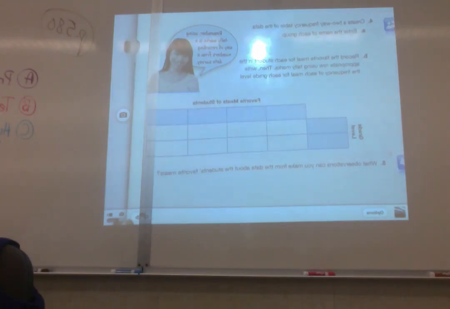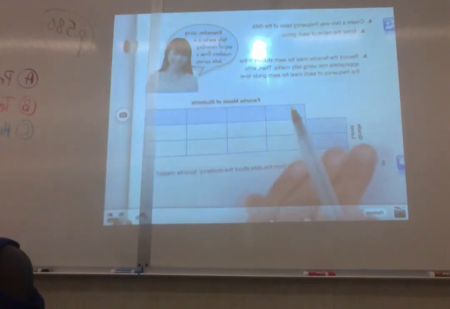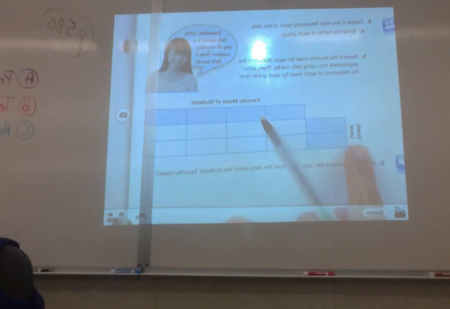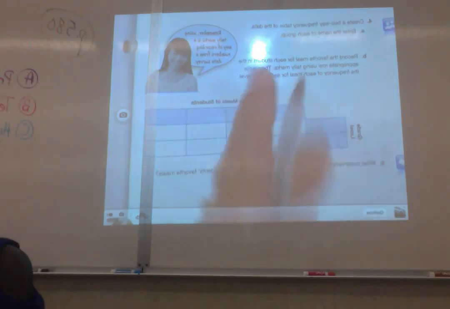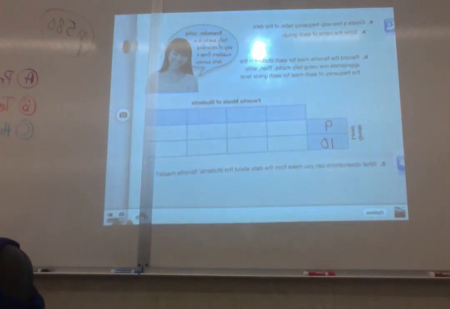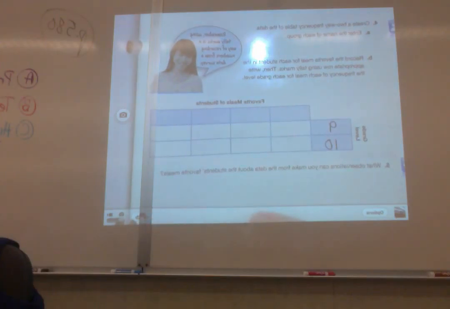Okay, this is what we're going to use to organize categorical information, a two-way frequency table. The first thing we're going to do is enter the name of each group. Right here for grade level, we're going to put 9 and 10. Andy, are you with me? Yeah. 9 and 10.